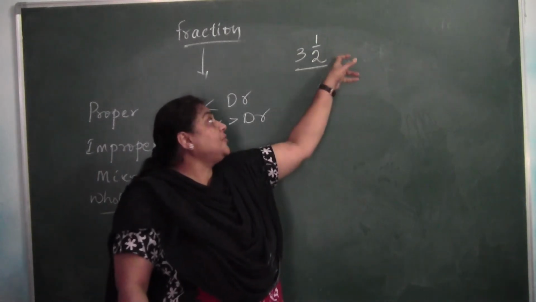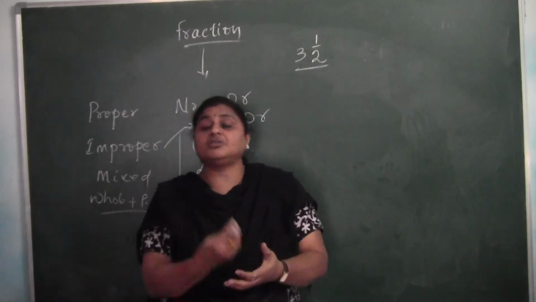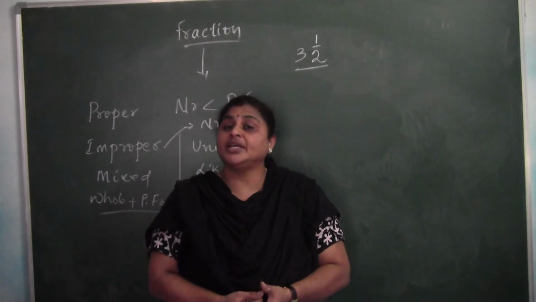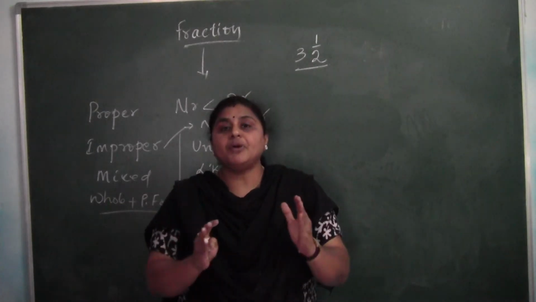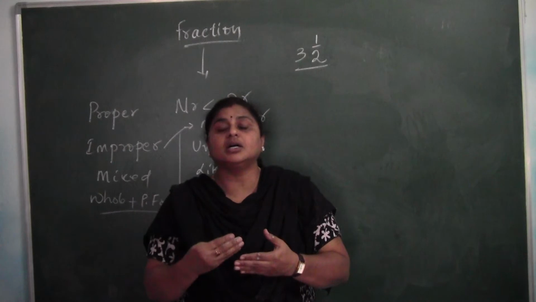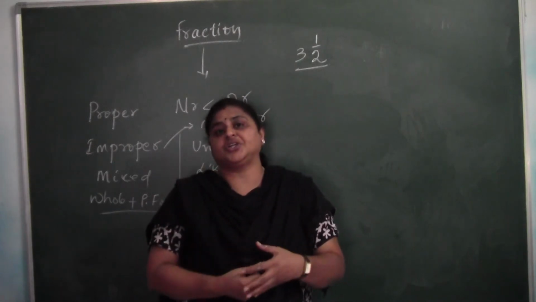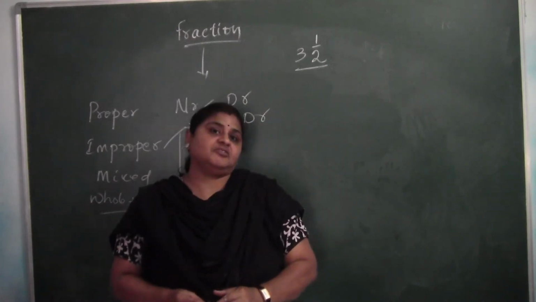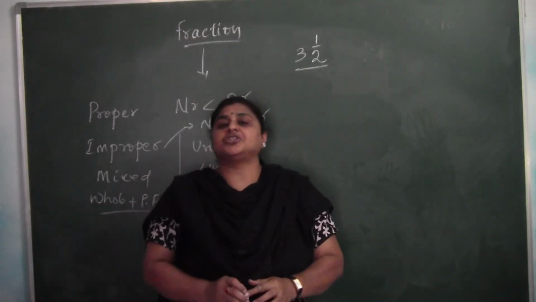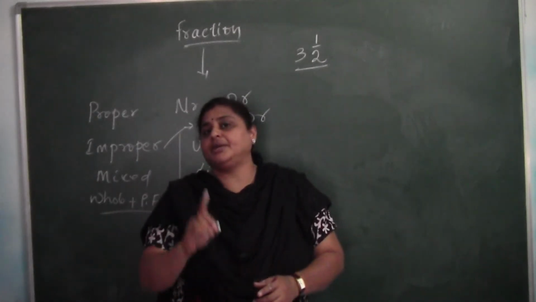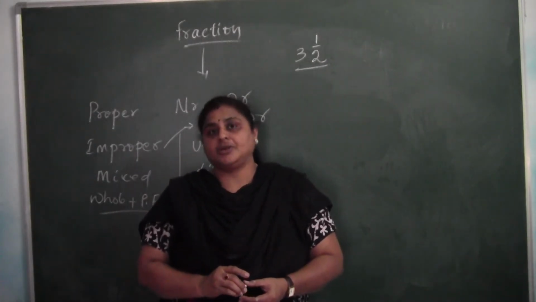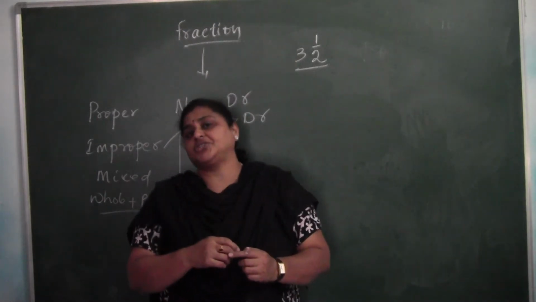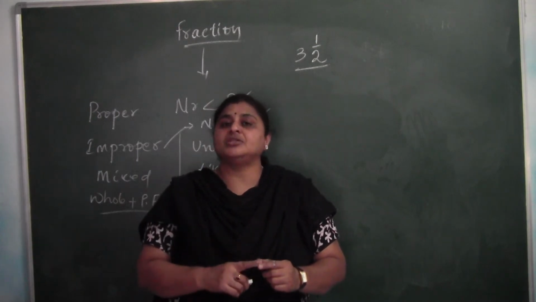Alright children, why in a mixed fraction do we say only a proper fraction? Why not an improper fraction? Because improper fractions can be further converted into mixed fractions, whereas proper fractions cannot be.